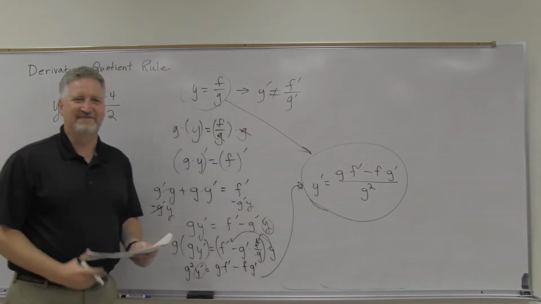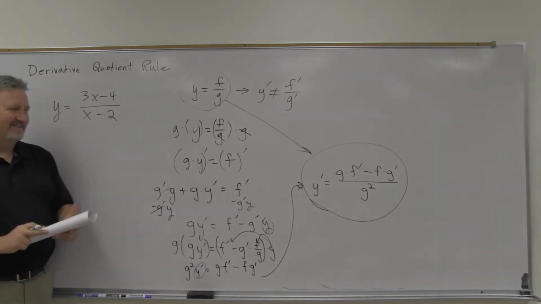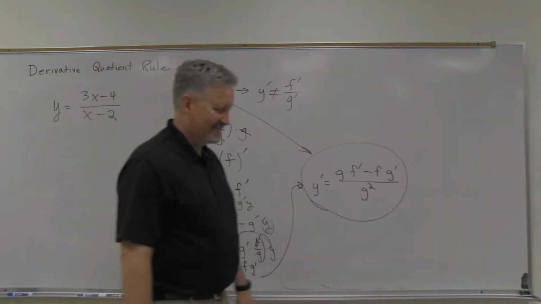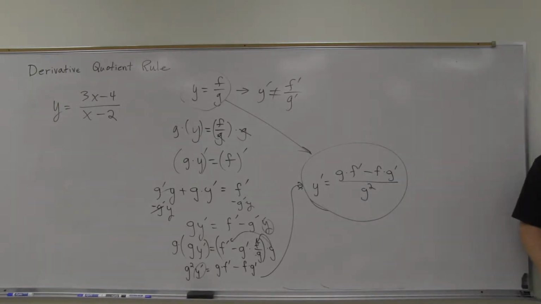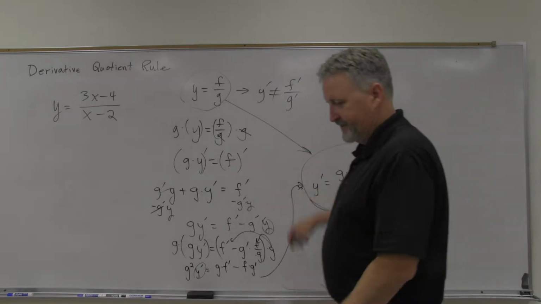That's the derivative. It doesn't exactly roll off the tongue, but if you break it down, you can come up with your own way. Some people just say, I'll just remember that.